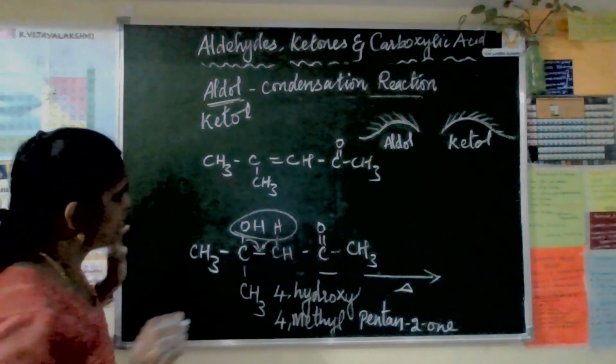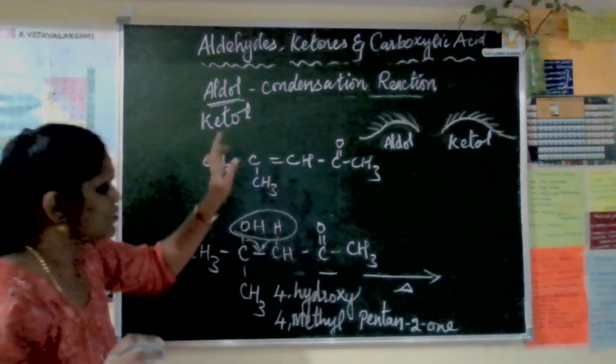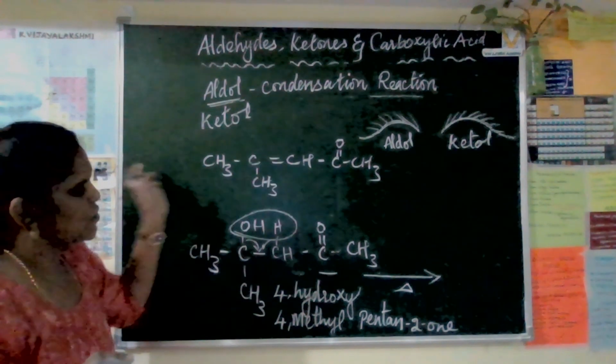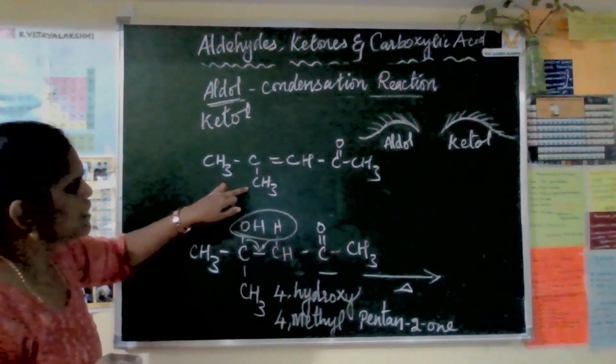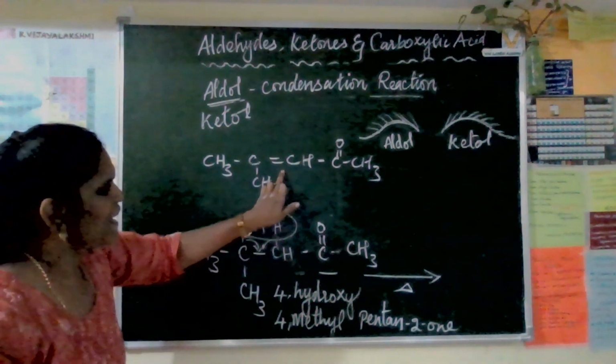So what is the name of it? 1, 2, 3, 4, so that means the double bond is at 3. So here it is 4 methyl pent 3 en 2 one.